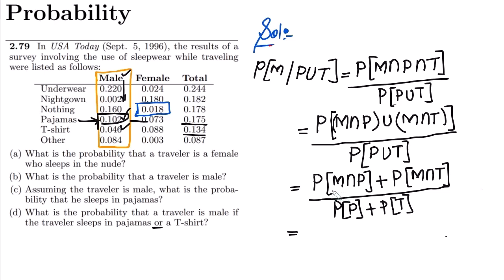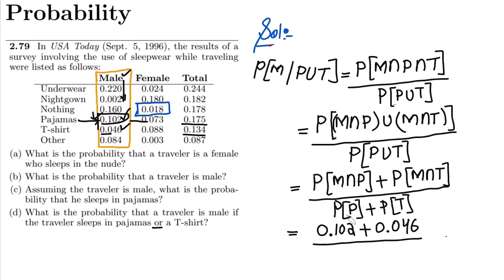The probability that he's male and wears pajamas is 0.102. Similarly, the probability that he is male and wears a t-shirt is 0.046.